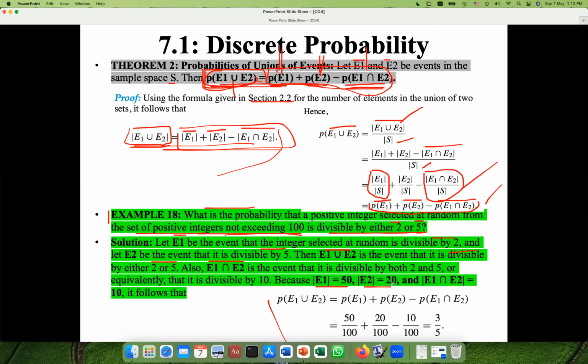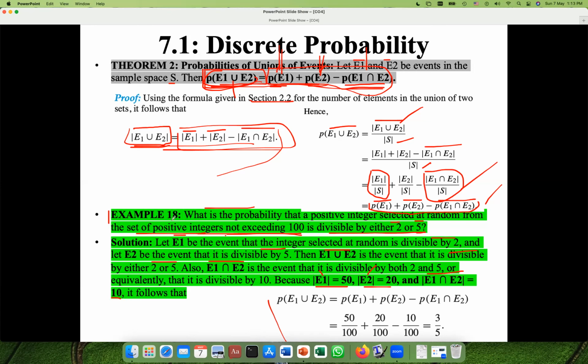So 20 numbers from 0 to 100 are divisible by 5. This is the size of E1 and size of E2. This is not probability, this is size, the total number of events related to that category. And E1 intersection E2, which are divisible by both 2 and 5, there are only 10.